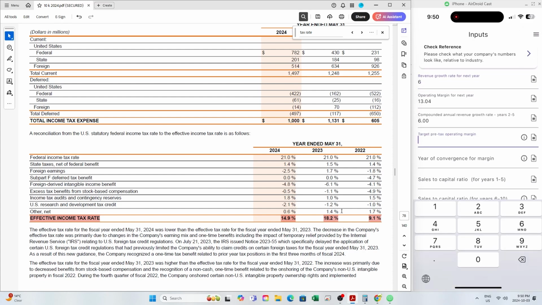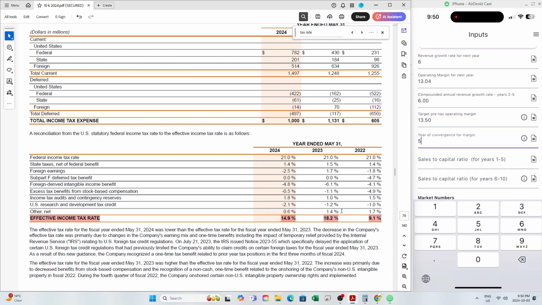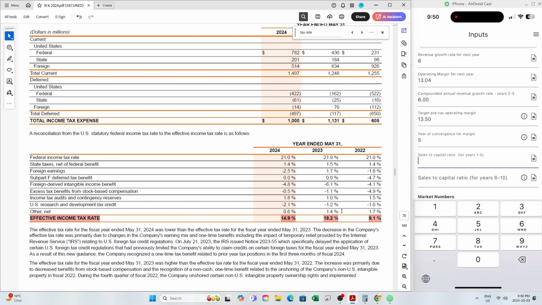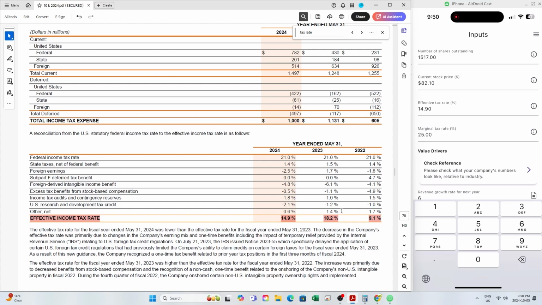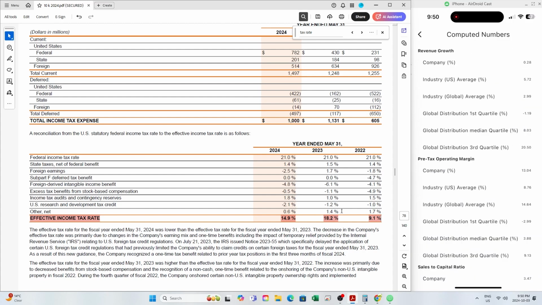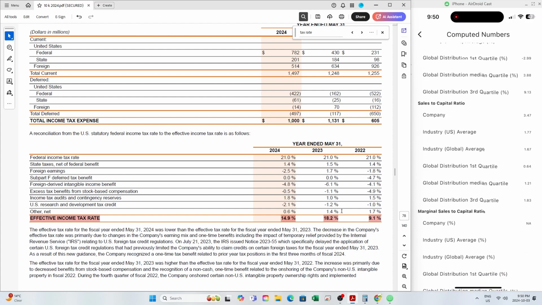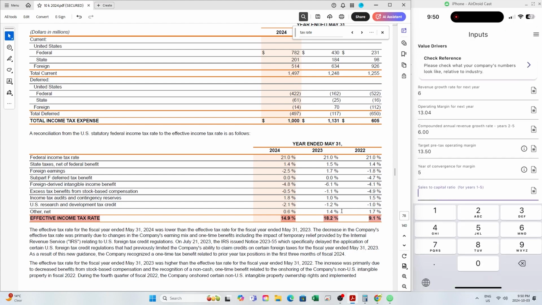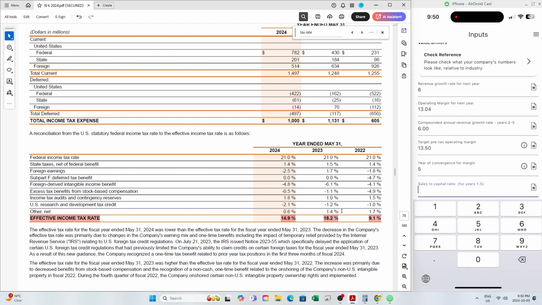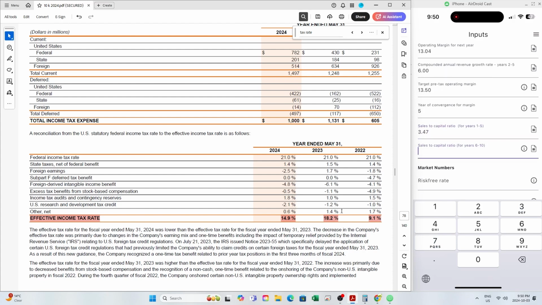For operating margins we will keep it at 13.04%, and the company will increase its operating margin slightly in year 5 due to its brand recognition. Next is the sales to capital ratio, which is 3.47. I will keep the same ratio because of their brand recognition.